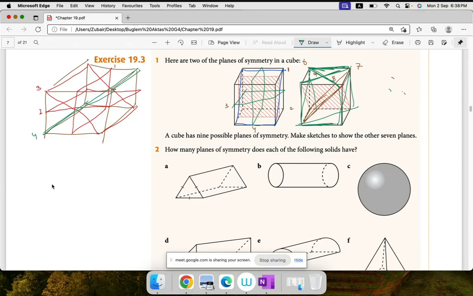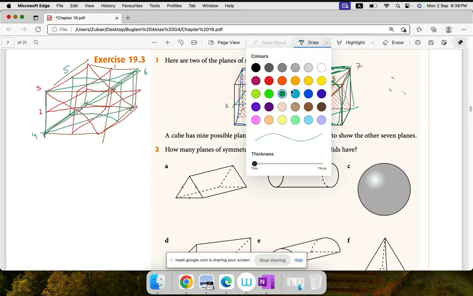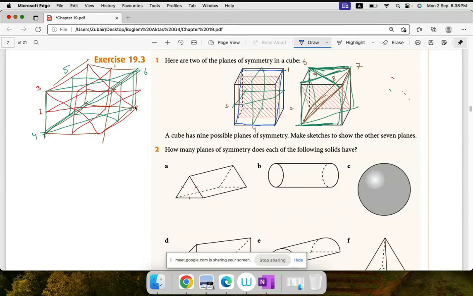Now I'm slowing down. I'm coming on the top horizontal, 5, and drawing a diagonal on top, this is 6, till the bottom. Changing color, 7 is another diagonal at the top till the bottom.